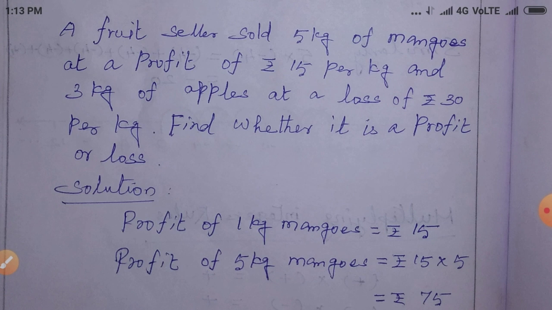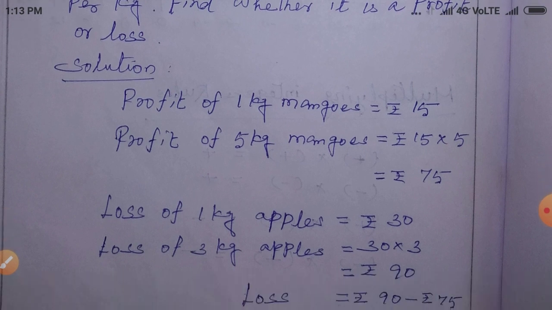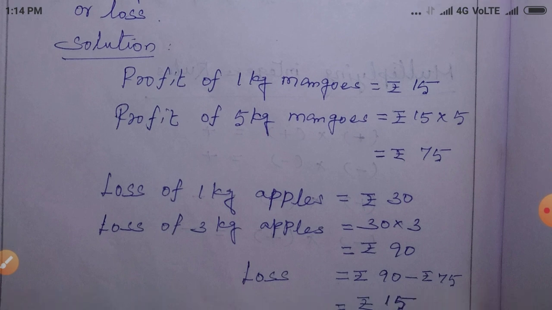Solution. Profit of 1 kg mangoes is rupees 15. Profit of 5 kg mangoes is 15 into 5, that is equal to rupees 75.